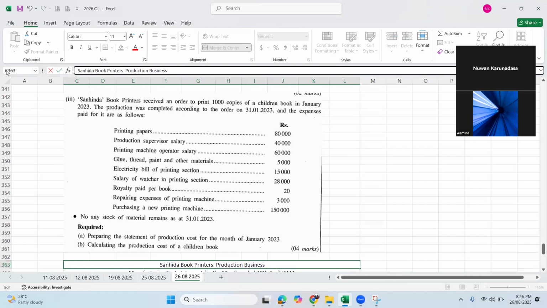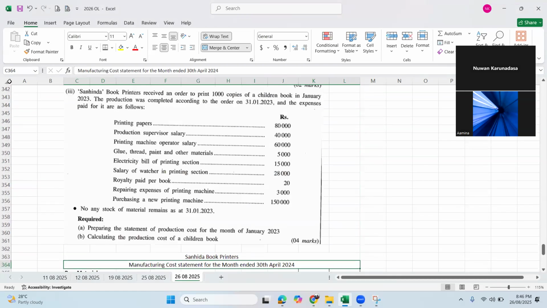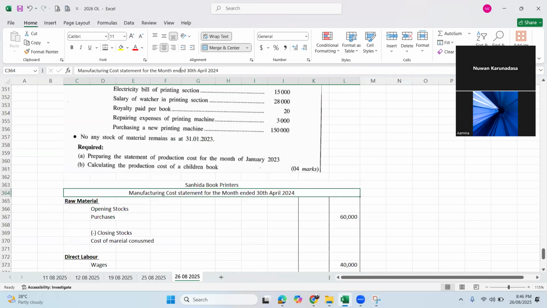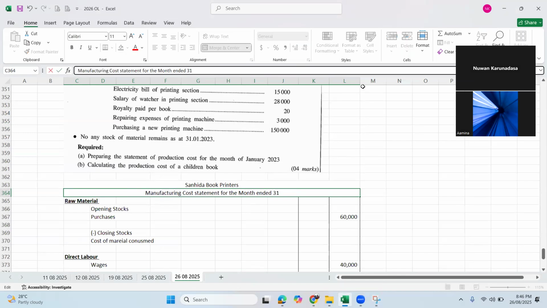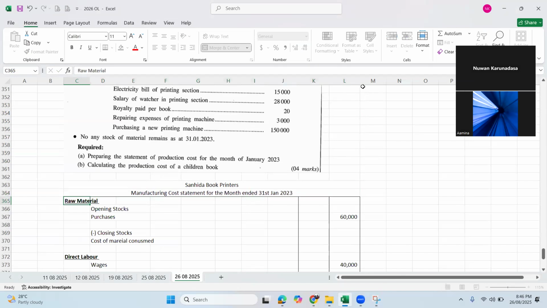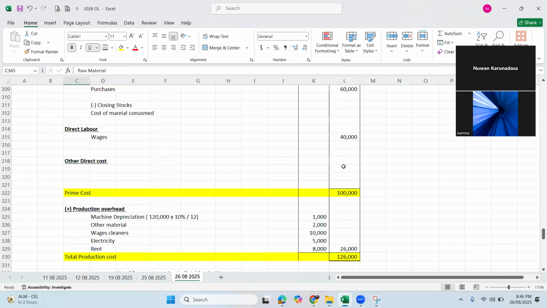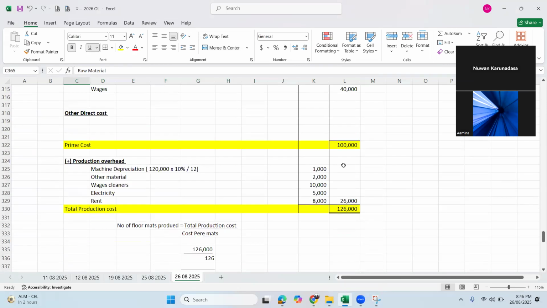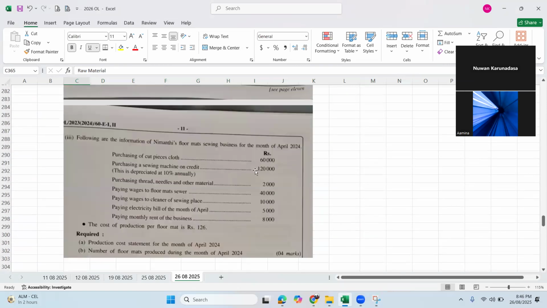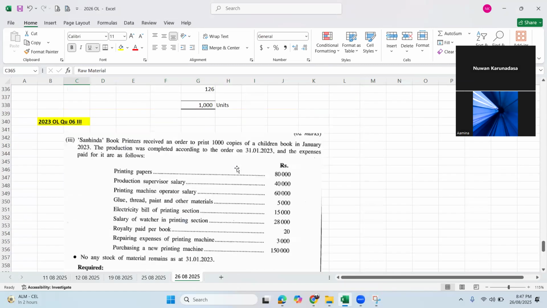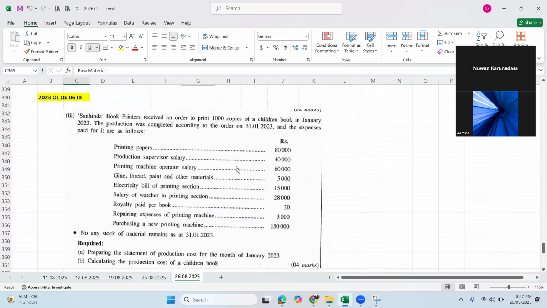Then manufacturing cost statement for the month ended 31st Jan 2023. The previous question, it's for a year, no? No, month, correct. Right, we'll read it.